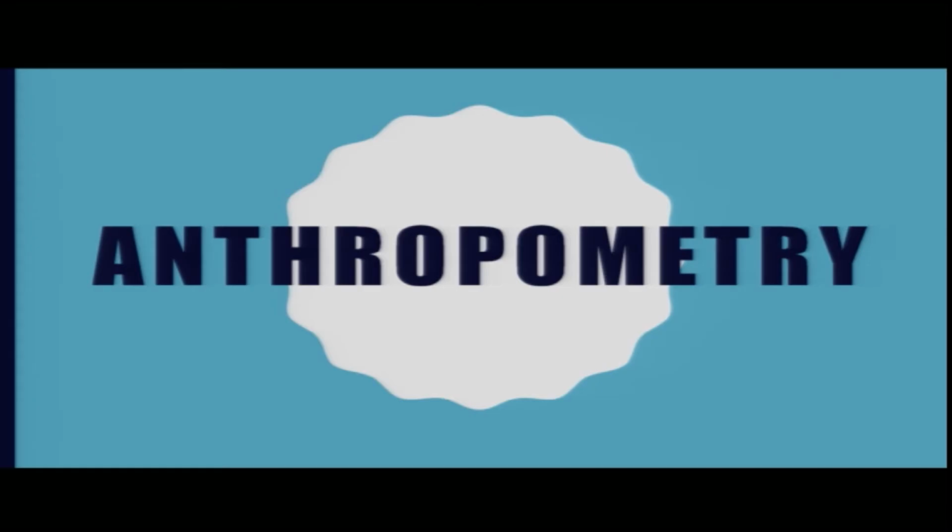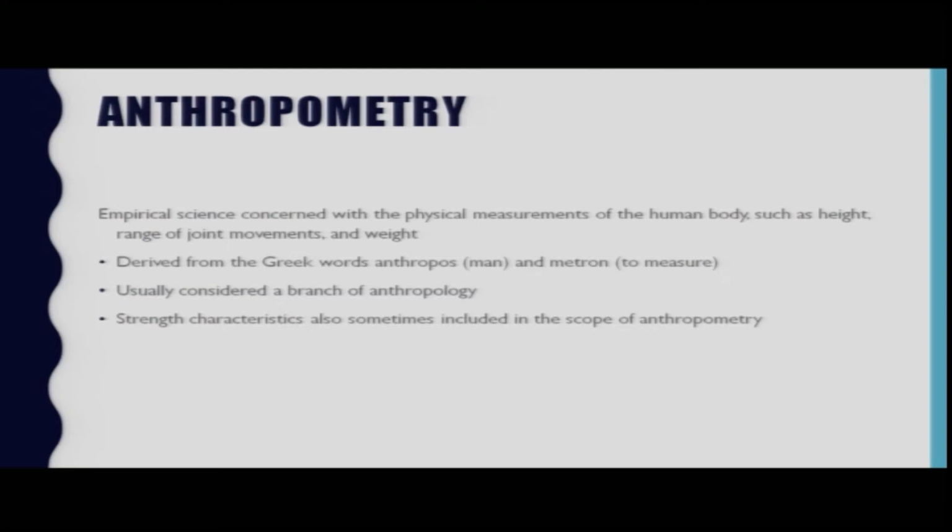So, we are starting this anthropometric explanation. Anthropometry is a Greek word, a combination of two Greek words basically: anthropo and metron. It means the measurement of human beings.